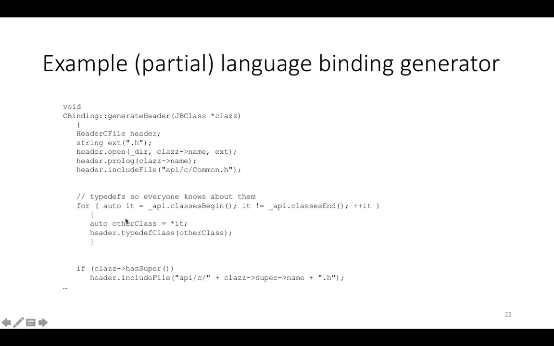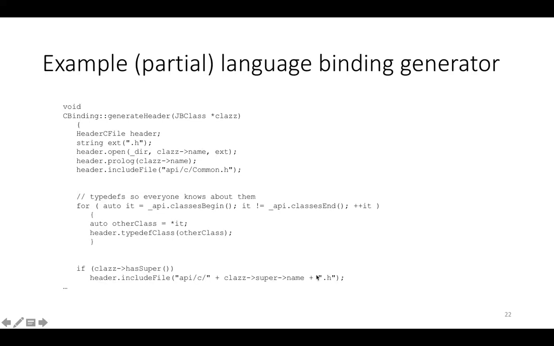And then this block of code, for example, is just issuing a typedef statement for each of the classes in the API. And then if the class has a superclass, you can include its named header file.